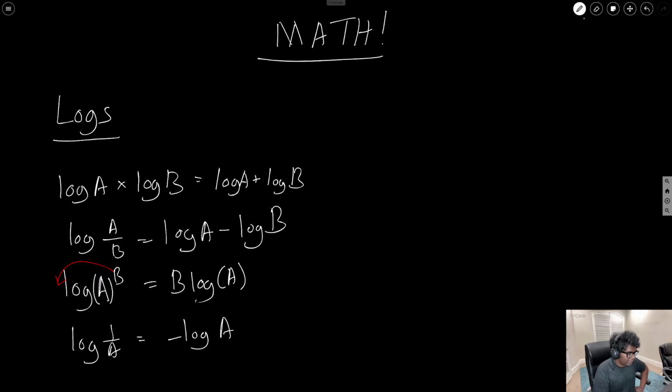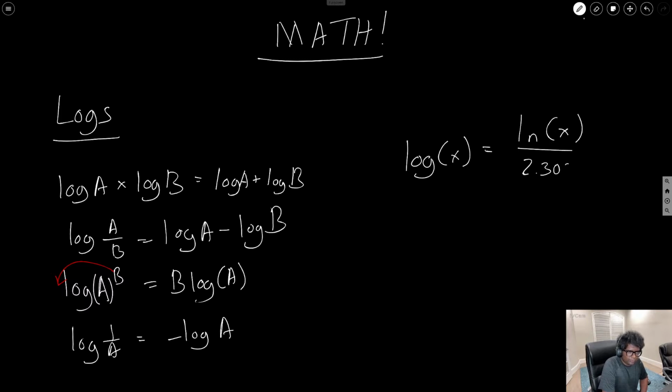Wow, this is basically just gonna be all logs. I'm trying to think of something else. Natural logs, let's talk about that. If you have log X, you can convert to a natural log by doing ln X times 2.303. Sorry, I'm thinking of the base equation first.